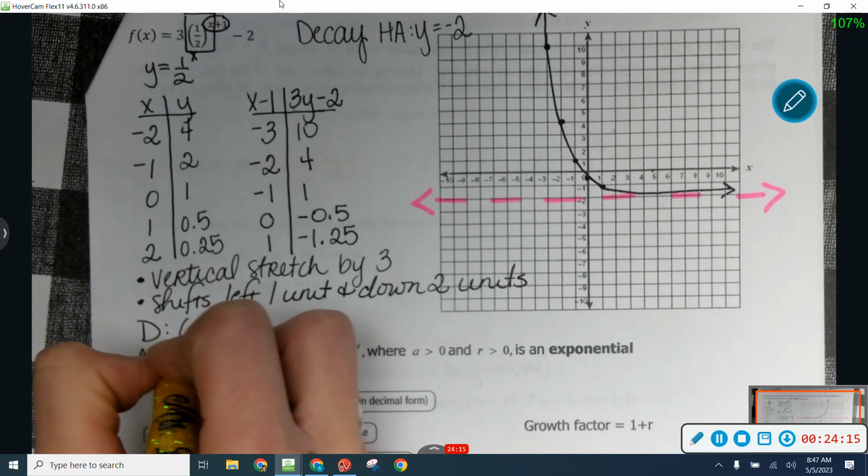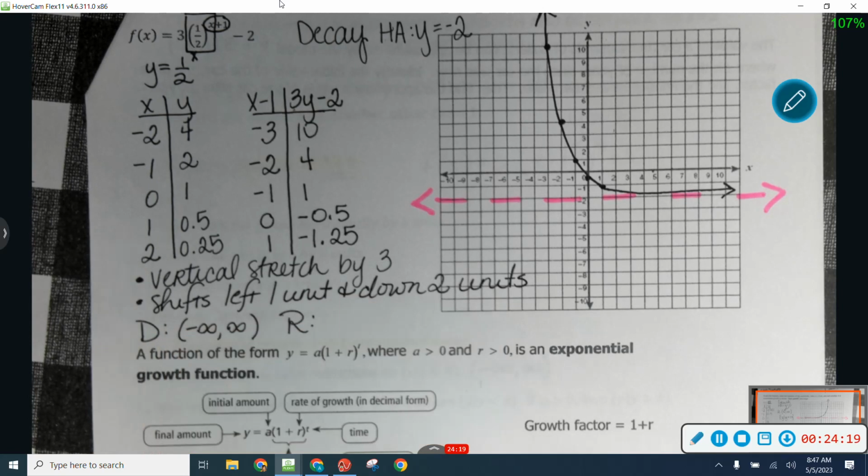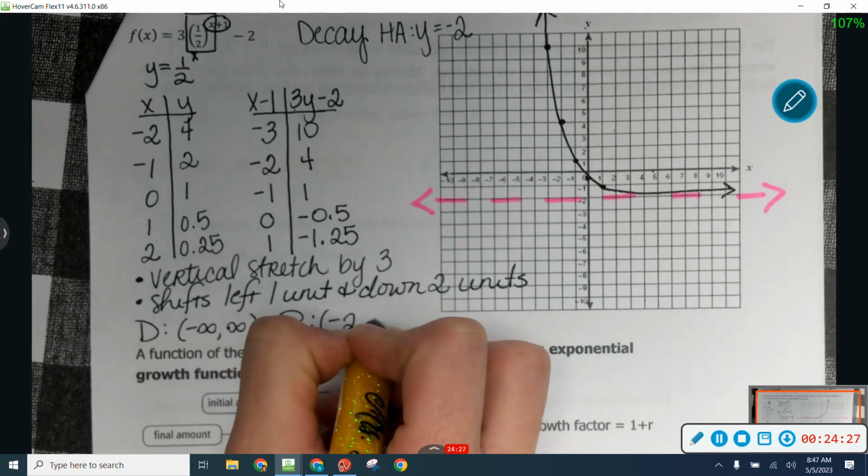My domain is all real numbers, -infinity to +infinity. Now my range is what? -2 to +infinity.